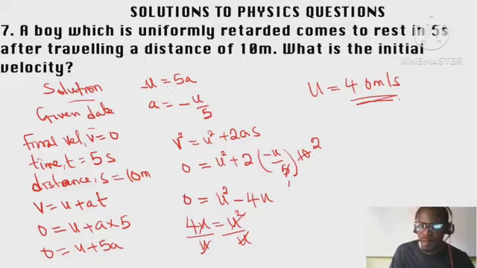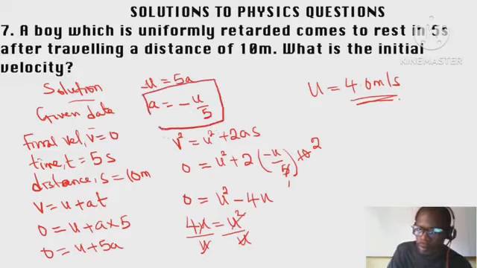Then what is the initial velocity? So from the information that we have, the final velocity is 0, the time is 5 seconds, the distance covered is 10 meters. So we can calculate the value of the deceleration in terms of u, and that is what we have here. So we can now substitute this into the third equation.